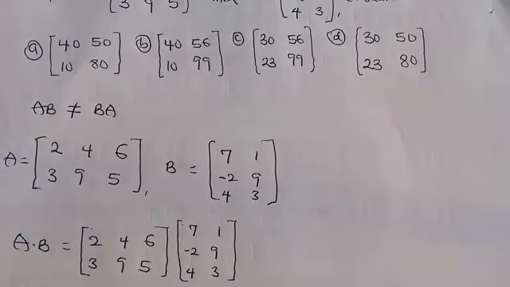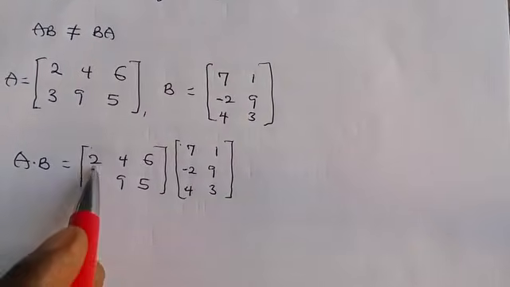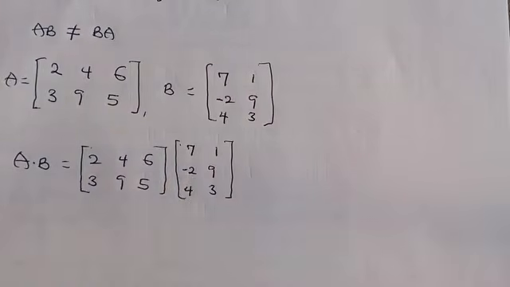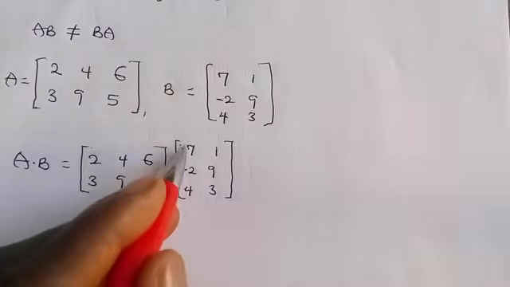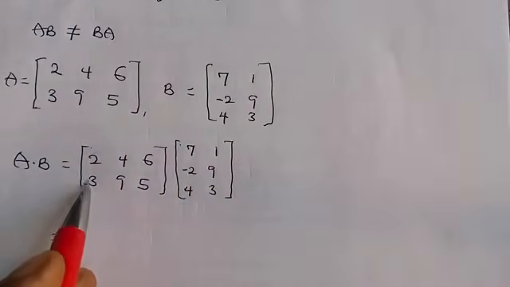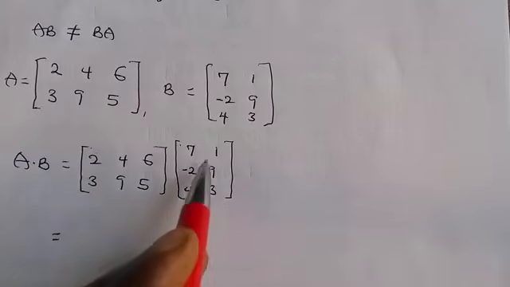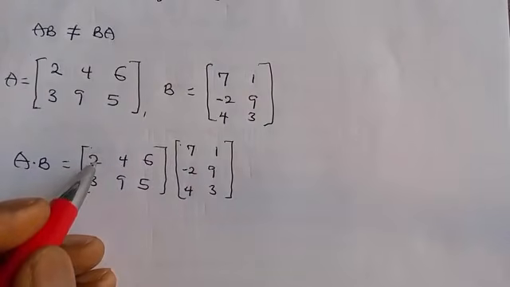So in multiplying these two matrices, we are going to pick a row and multiply a column to get the entry for a given position. So we are going to have this first row multiplying the first column. We'll also use it to multiply the second column. Then we'll come and use the second row and multiply the first column, and also use that second row to multiply the second column.